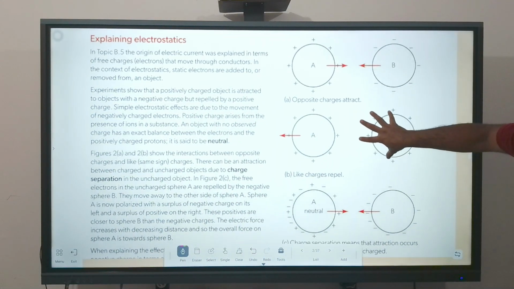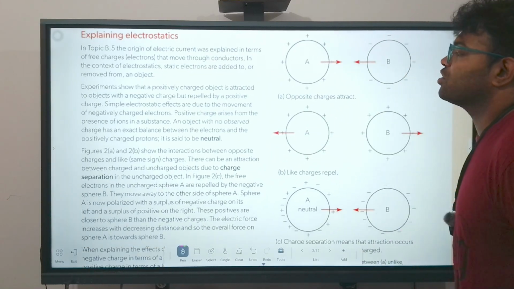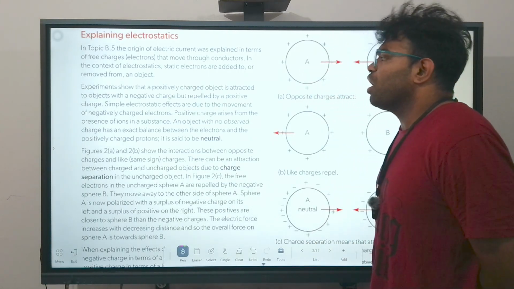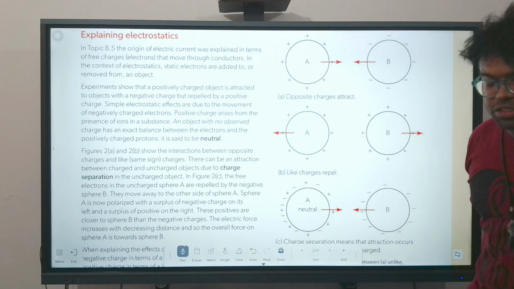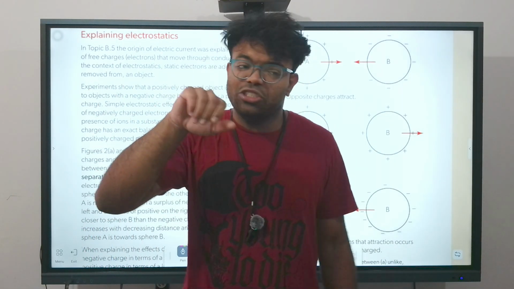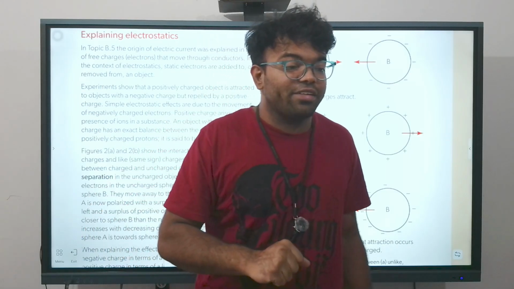Now, experiments show that a positively charged object is attracted to objects with a negative charge but repelled by a positive charge. This is because, as we have learned from a very young age, like charges repel each other and unlike charges attract each other.